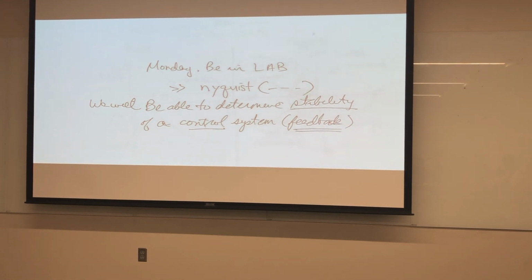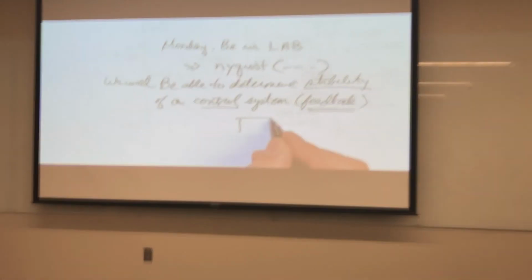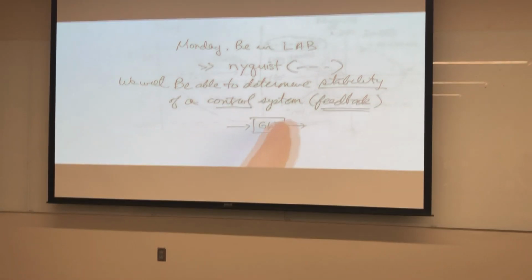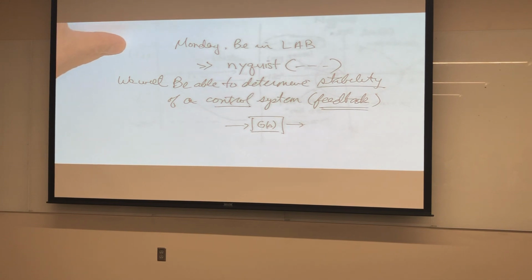That's what we're going to do. Today we're just plotting this function as a function of frequency. On Monday we're going to put this thing inside of a loop and then tell whether or not the system is stable. That's for Monday. Okay, you all have a good fall break.